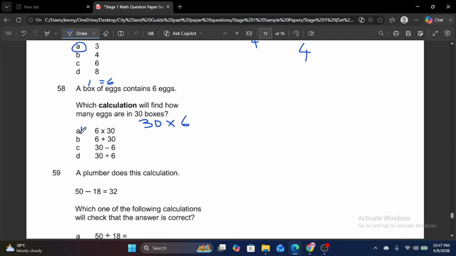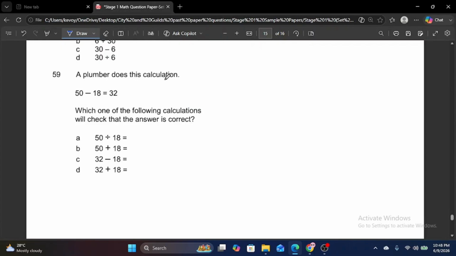Because you're repeating, you're adding 6. If you want to, you can add 6 30 times. So multiplying by 6 is the same thing as adding 6 30 times, because you have 30 boxes. If 1 is equal to 6, then for 30 you'd have to add 6 30 times. So 6 times 30, that's the same thing.